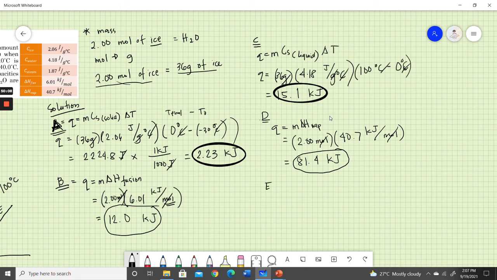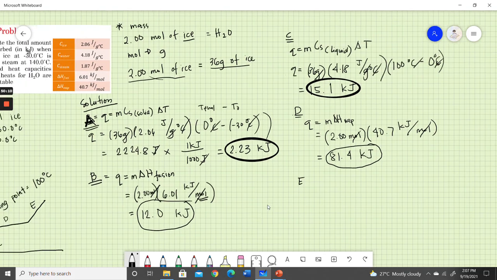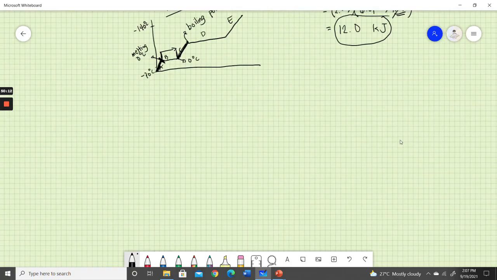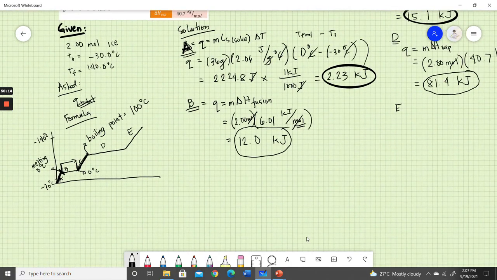And lastly, for E, we are now talking about this part right here. So we know this is 100 degrees Celsius because this is the boiling point of water, and this is the final temperature given to us, which is 140 degrees Celsius.